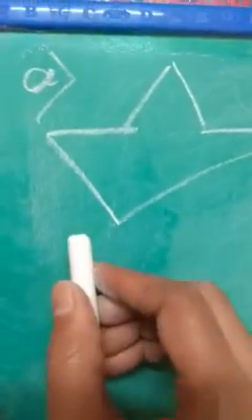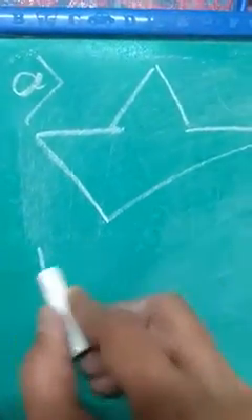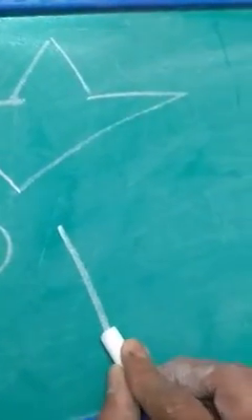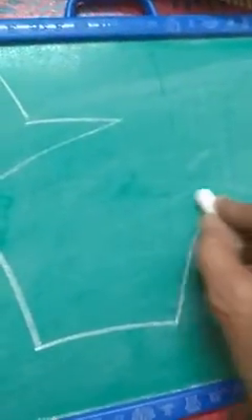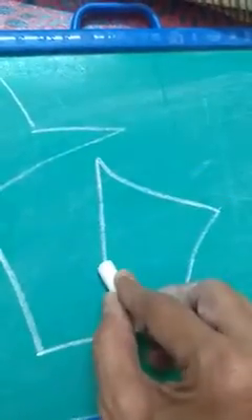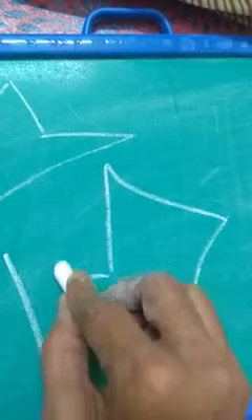Okay. Question number B. An open curve made up entirely of line segments. An open curve. You can draw as many as possible, but it is said to be not closed but entirely made up of line segments.